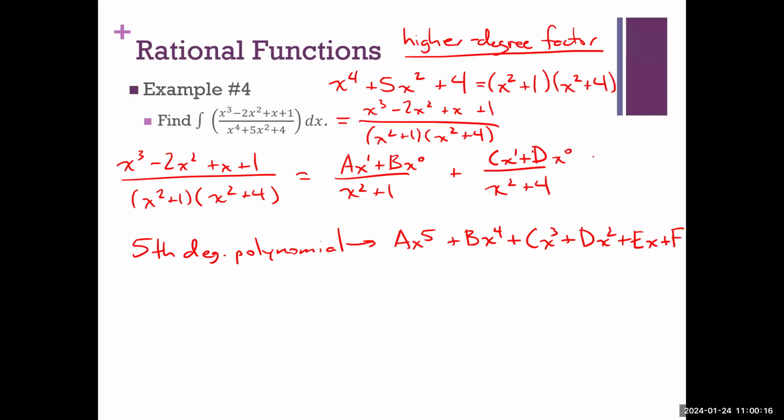I think for this specific example, when we get through it, we'll find out that at least one of those constants is 0, but we can't assume that it doesn't exist. We have to find out for sure that it doesn't exist. And it can't be squared because it has to be less than. The degree has to be strictly less.